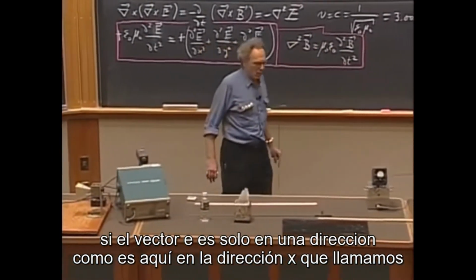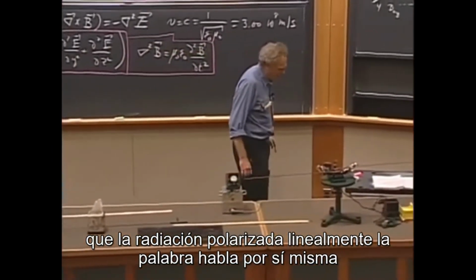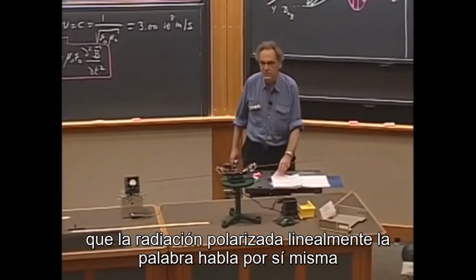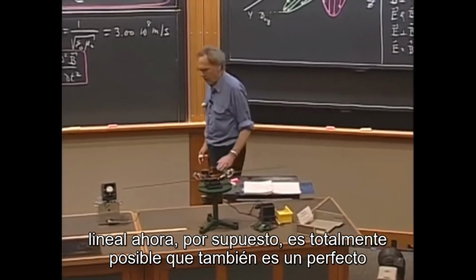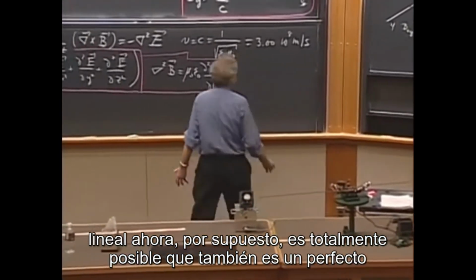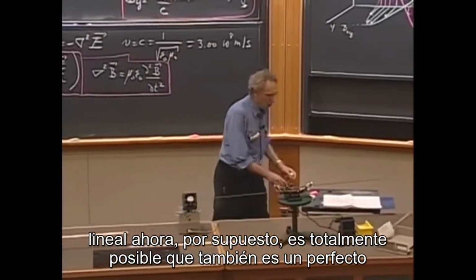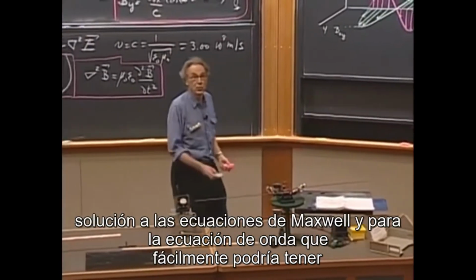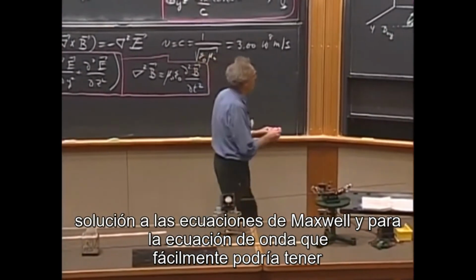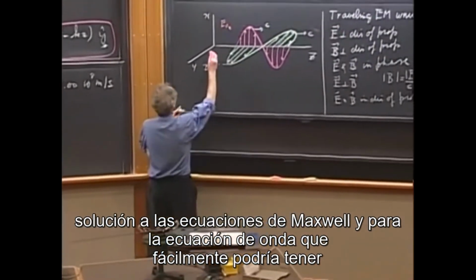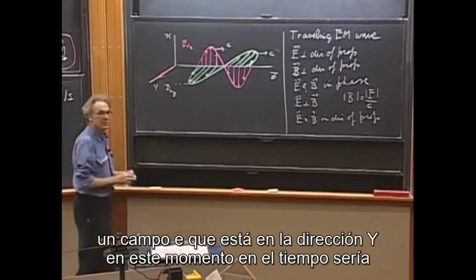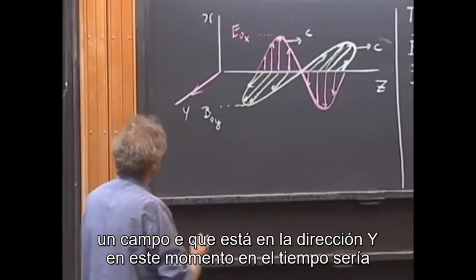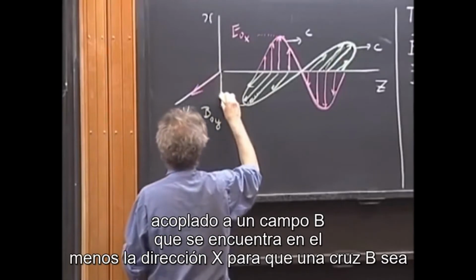If the E vector is only in one direction, as it is here in the x direction, we call that linearly polarized radiation. The word speaks for itself, linear. Now, of course, it is entirely possible, which is also a perfect solution to Maxwell's equations and to the wave equation, you could easily have an E field which is in the y direction.